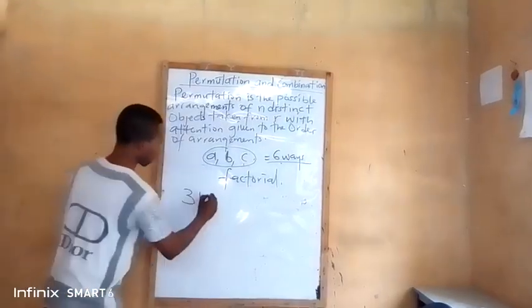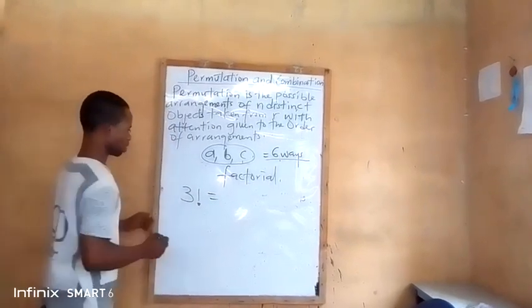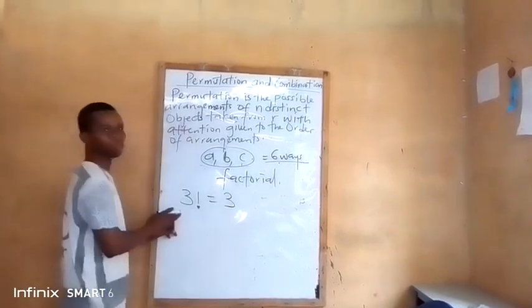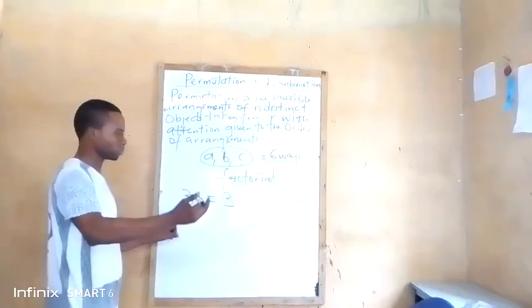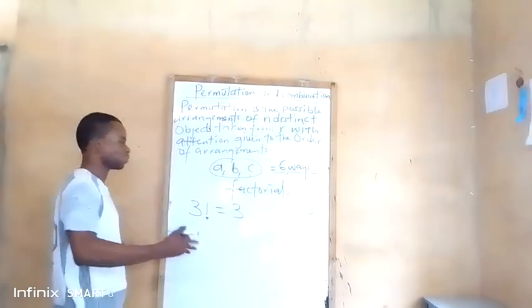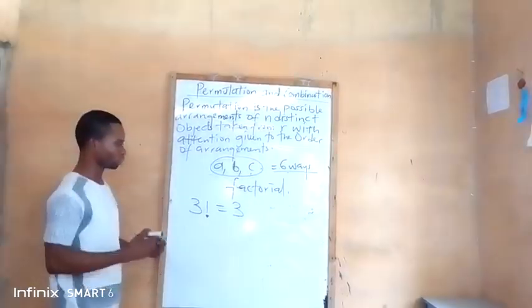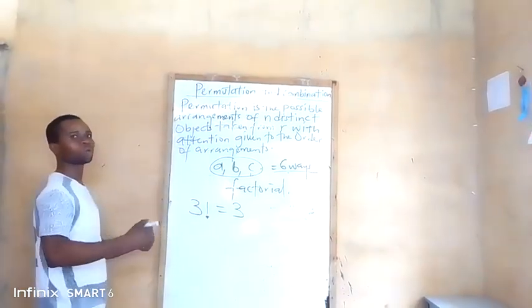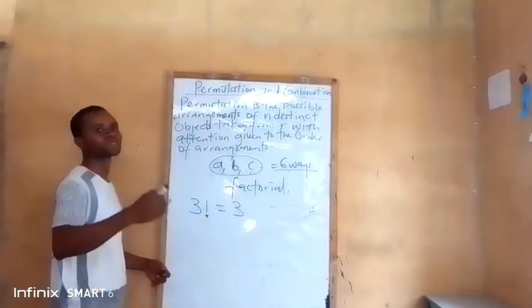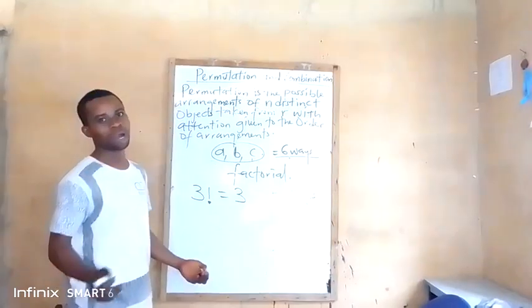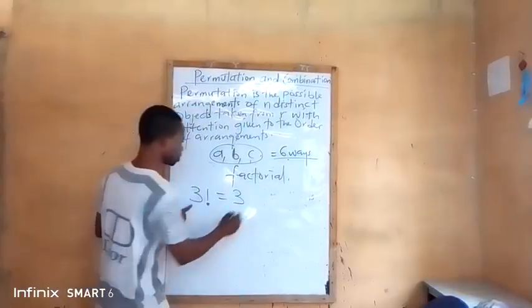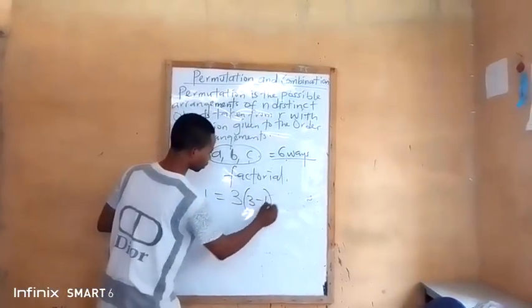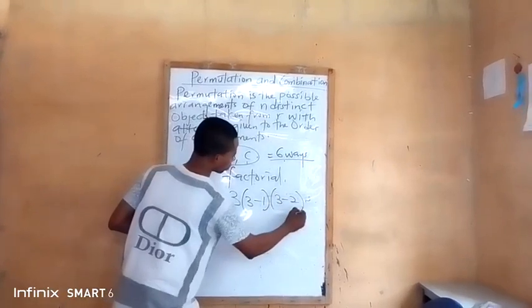Now, factorial, how do we go about it? You take any number first, then you subtract 1 from it as if you are going back: minus 1, minus 2, until you can no longer subtract anything, because if you subtract 3, it will end at 0, and we don't count 0 here. That will be 3 into bracket 3 minus 1, 3 minus 2, factorial.